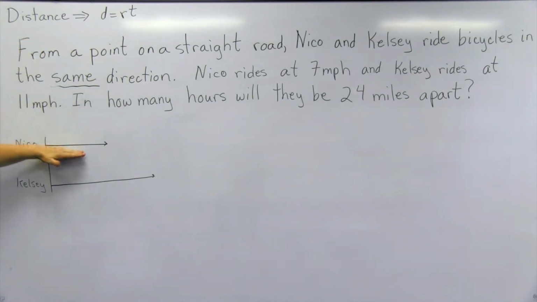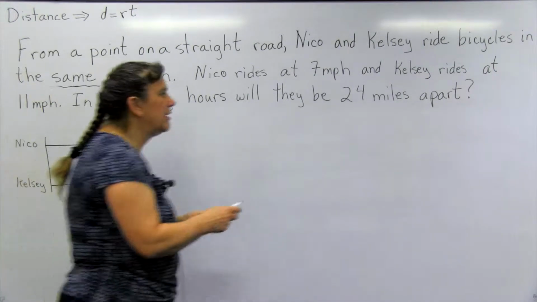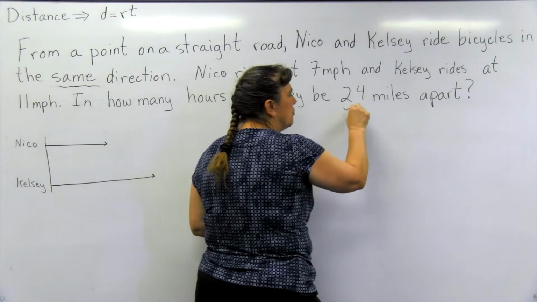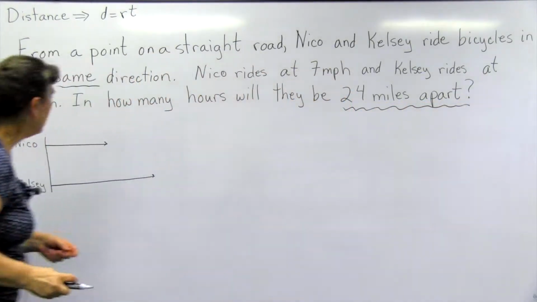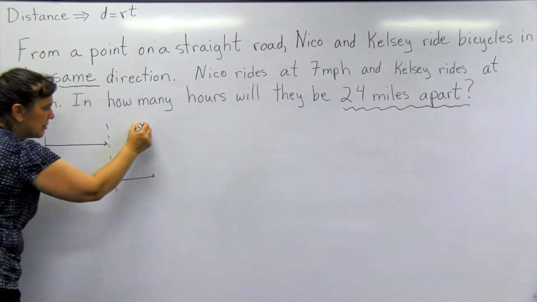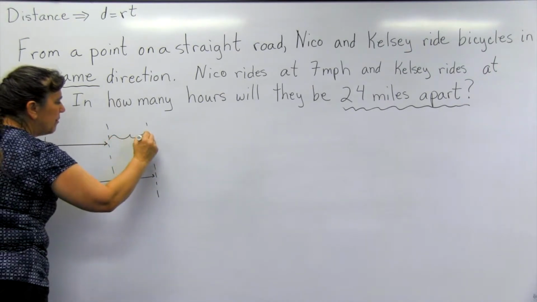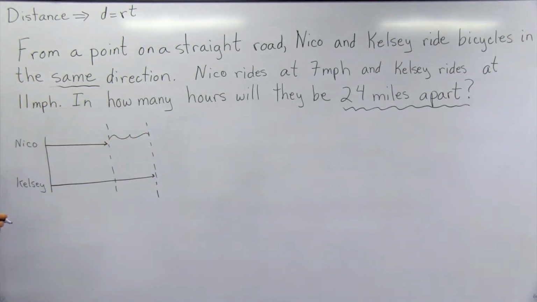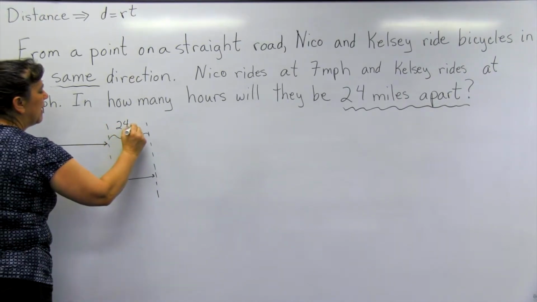It says they're going to go 24 miles apart. That means you're looking for the distance between these two because it's going to be apart. And how far apart are they going to be according to our problem? Yeah, you've got it. 24 miles.